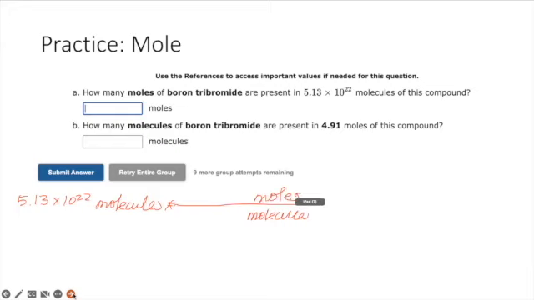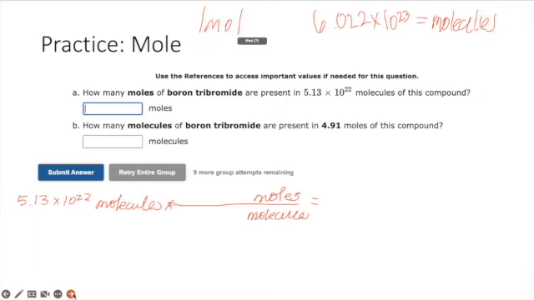Now I just told you that Avogadro's number, so 1 mole equals that many molecules, or if it says particles or atoms, it all means the same thing.